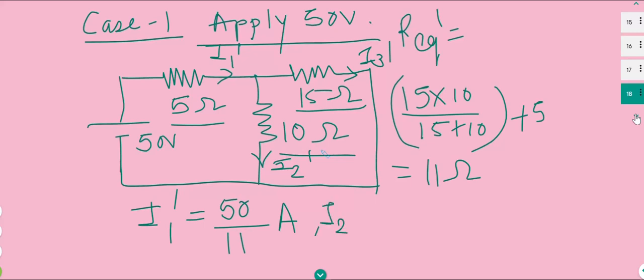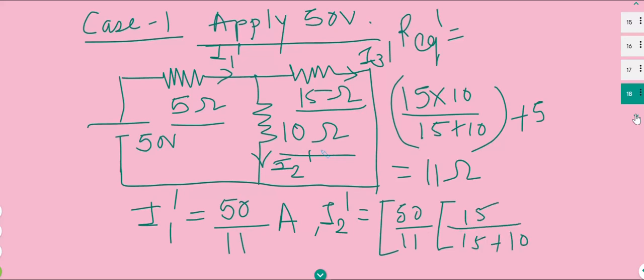So I2 dash is equal to the total current, 50 divided by 11, multiplied by the resistance of the opposite branch, which is 15, divided by the total resistance of the two branches in which the current is dividing, that is 15 plus 10. If you solve this, you will get 30 by 11 ampere. So this is the value of current in the first case, case 1.